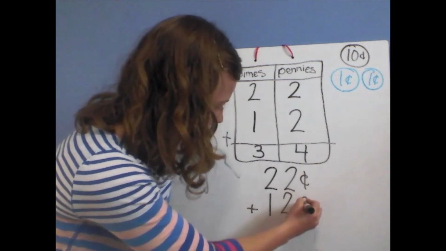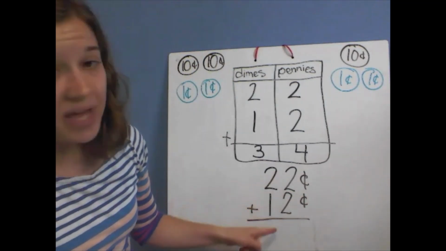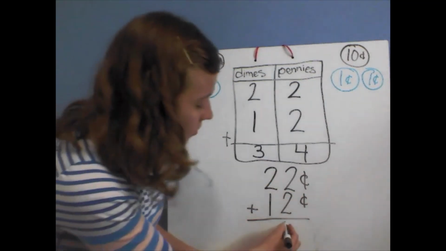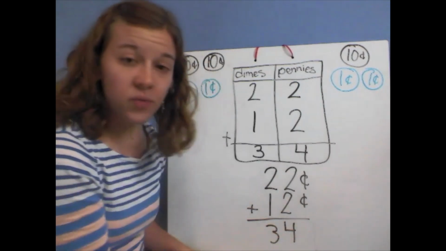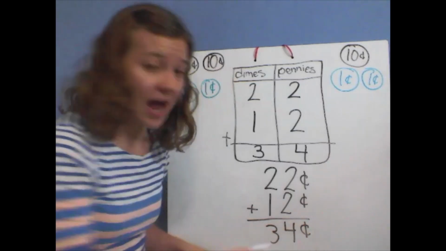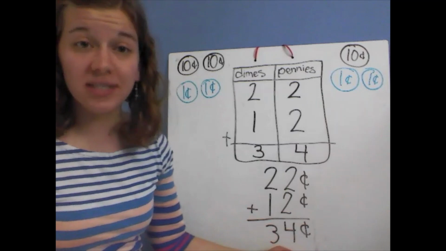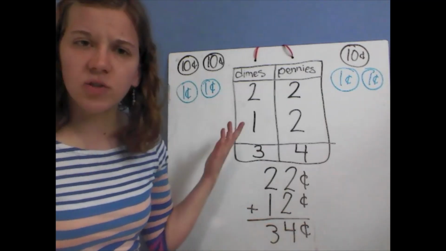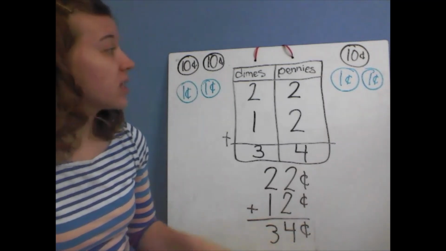Plus 12 cents equals, starting with the pennies, right? 2 plus 2 equals 4, and 2 plus 1 equals 3. So, how much money did Pablo spend? 34 cents. Hey, that was the same answer we had on the other side. That's cool. So, 34 cents.